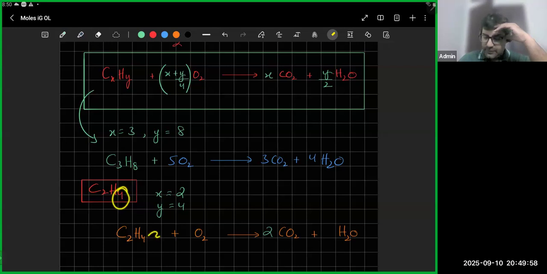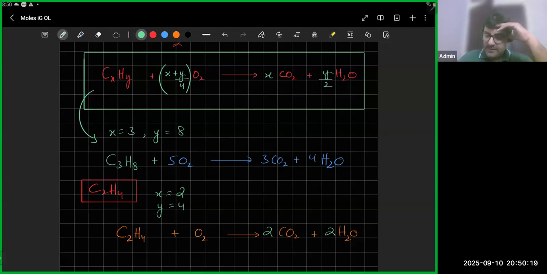It's 4. If there is y over here, there would be y by 2 on the other side, so 4 divided by 2, which is also 2.